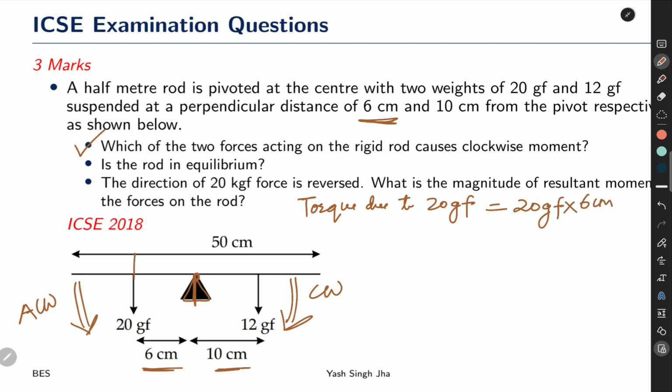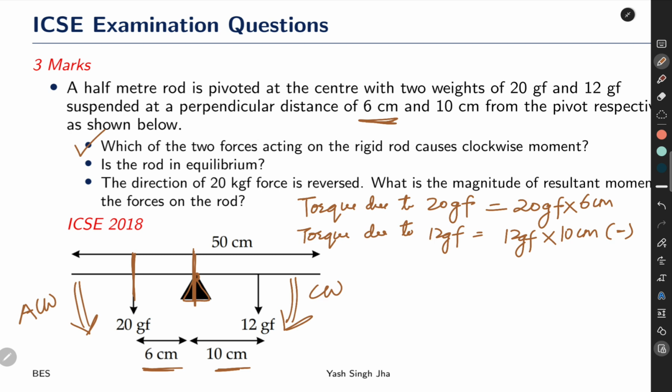Again, the distance is from the force to the center of rotation. This is anti-clockwise, so positive. Torque due to 12 gf is force times distance 10 centimeter. But it is clockwise, so it is negative.